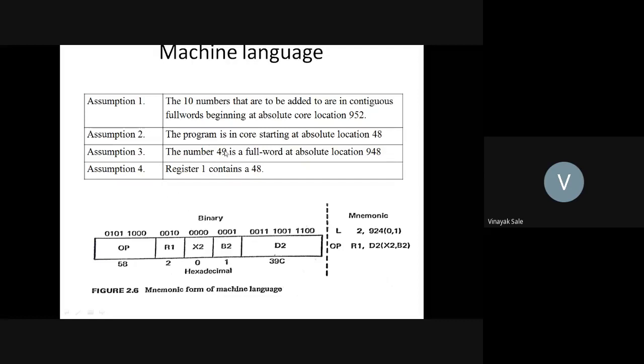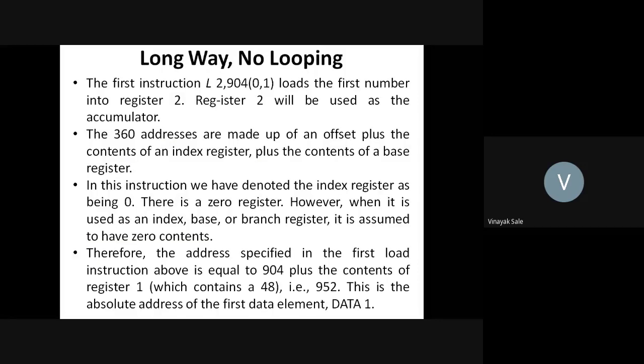Then the number 49 is a full word at the absolute location 948, and register 1 contains 48. There are a total of 4 assumptions given in this example, and there are again two assumptions, the fifth and the sixth. Before that, we will discuss the long way with no looping.